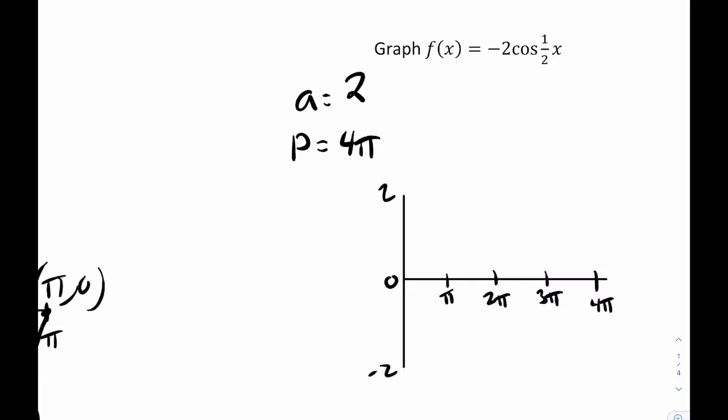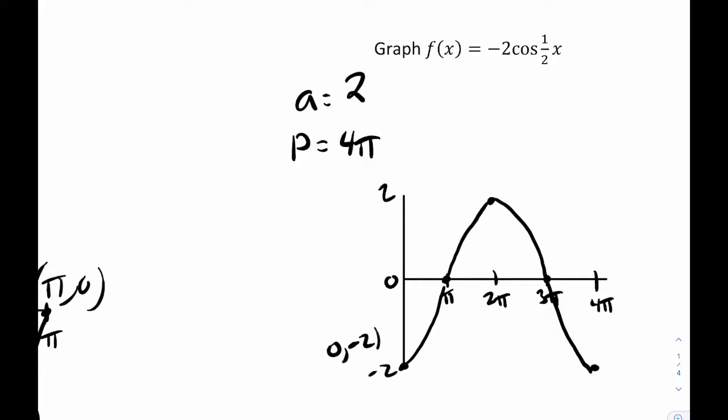Now this one's going to be a little different. Normally cosine would start up here, but notice how it's negative, which means it's going to flip it. So the first point is actually right there on the bottom. And now we just continue the pattern of the wave. And there we have it. There's our cosine wave.